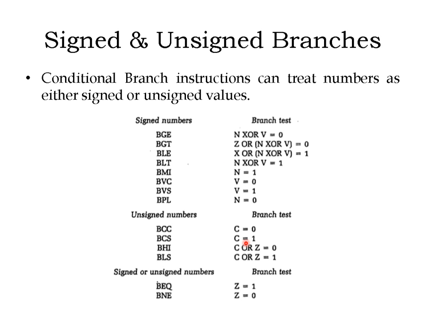If there is no N or V, like these ones in the second category, you see these are only taking C or Z, those are the ones which are unsigned. If you have some branches like these last two which are only taking Z, nothing else, those can take both signed or unsigned. Okay?